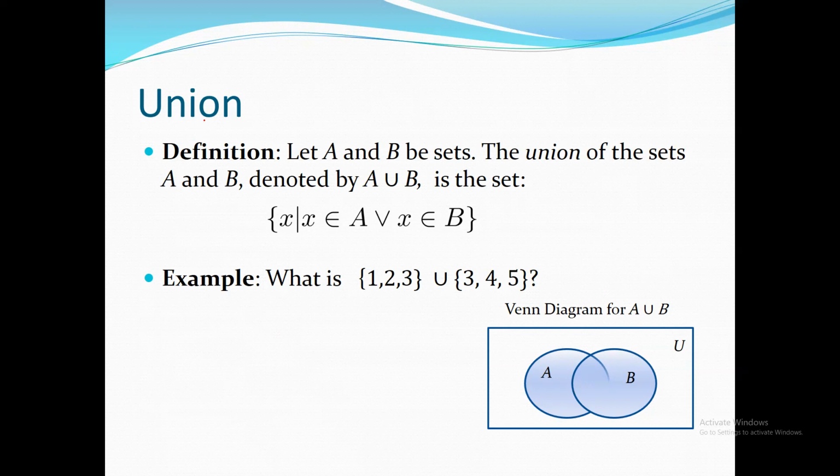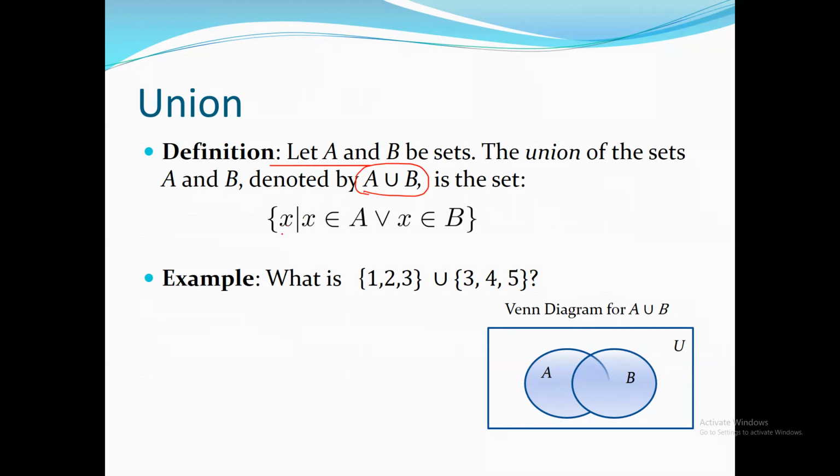So the definition of the union is, let A and B be sets. So we have two sets, A and B. The union of the sets A and B is denoted by A union B, right? The symbol is a capital U-like symbol. So what does it mean?